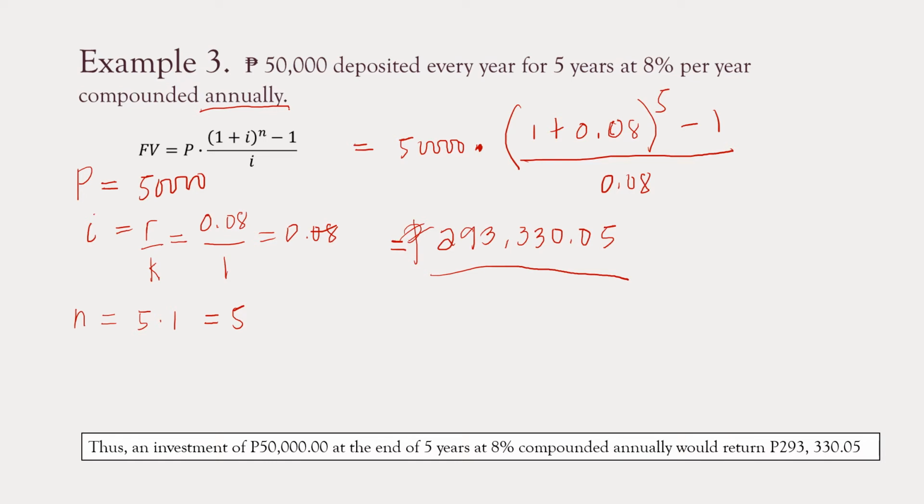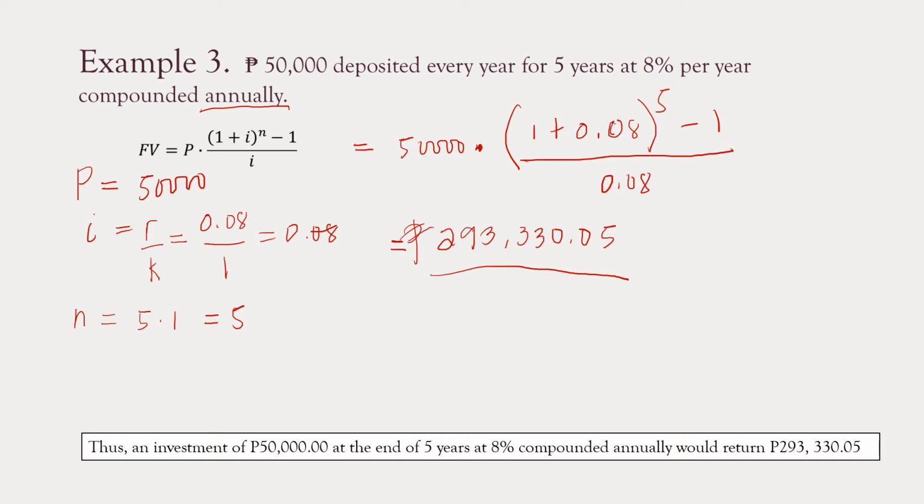So, kung mapapansin nyo, yung sagot natin kanina using the time diagram is that meron silang difference. Kasi 293,329.45 kanina. And then our answer now is 293,330.05. May difference na 0.6.